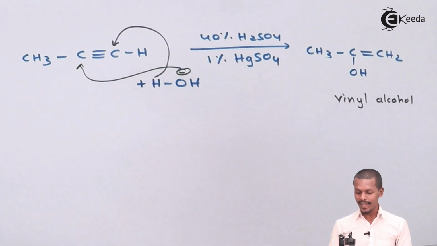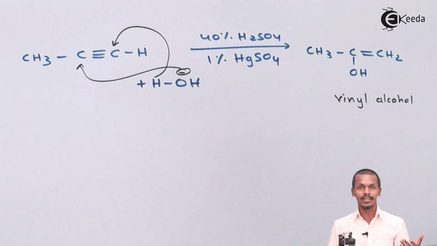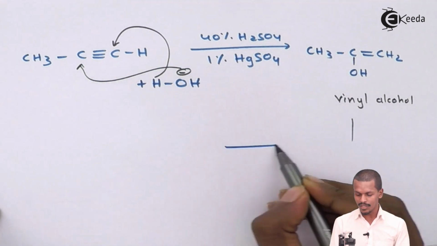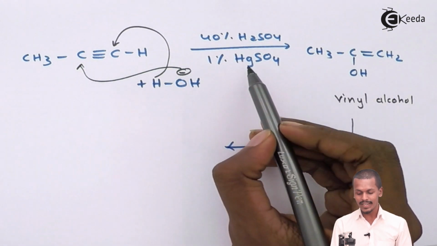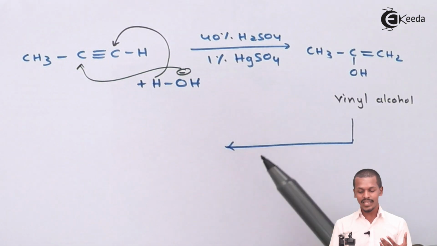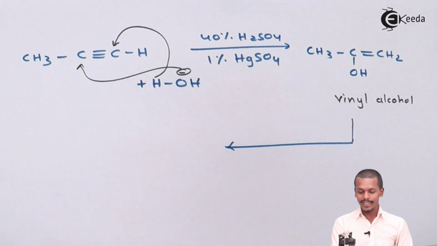Even this can be called that, but the process does not stop here, because again tautomerism would take place, for which we have used HgSO4 and H2SO4 as reagents.